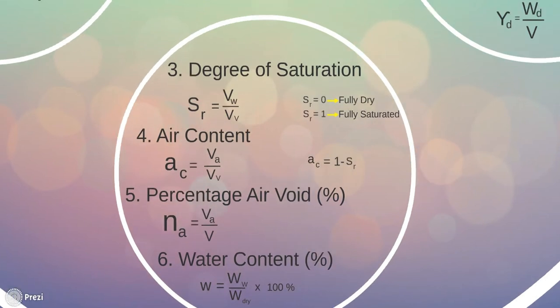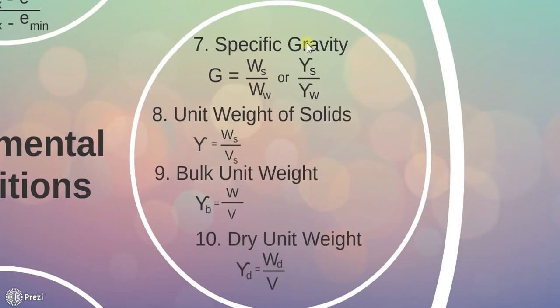Going further, let us go to specific gravity. Specific gravity is denoted by capital G. Specific gravity is defined as the ratio of the weight of a given volume of soil solids to the weight of an equal volume of distilled water.